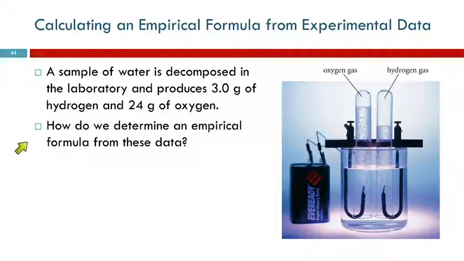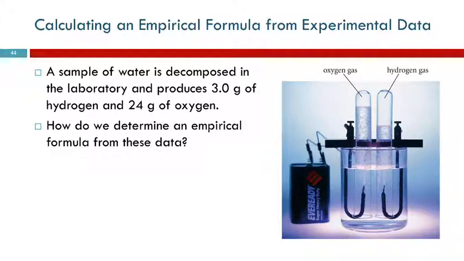So how could we figure out an empirical formula from the data? We have the mass of oxygen and we have the mass of hydrogen. The formula gives us the lowest ratio of numbers of atoms of each, right? So we could take this 3 grams of hydrogen and calculate how many atoms of hydrogen are in there. It's going to be a crazy huge number, right?